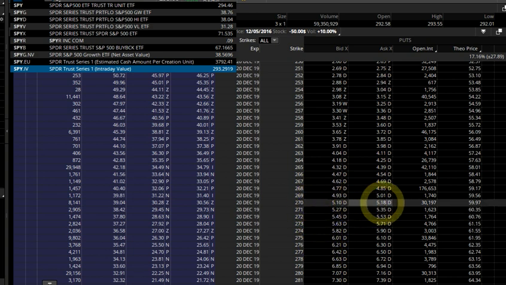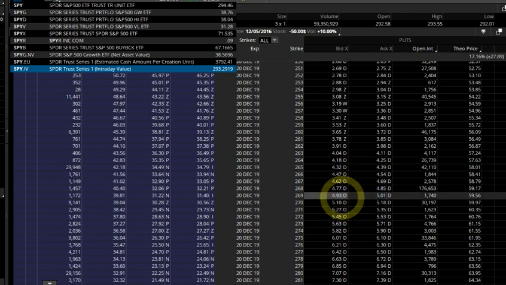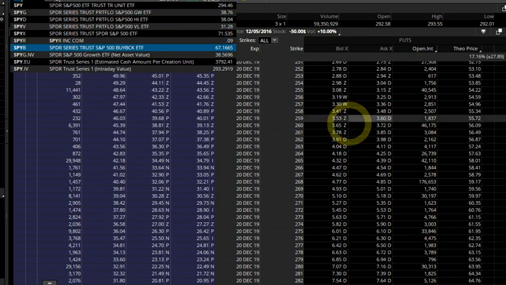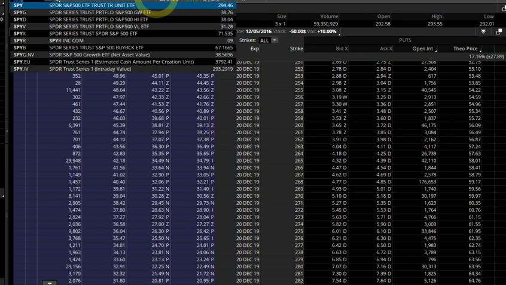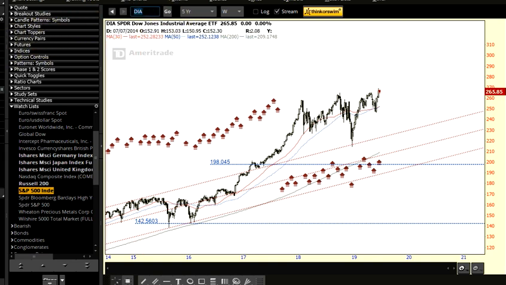So if you look at the spread here, it's only about 9 cents, 8 cents. So sometimes the SPY is better just because it's not as thinly traded. It's traded more aggressively in larger lots. So I like the SPY, but sometimes the Dow can get moving quite a bit further on a relative basis. So you just have to weigh those different things and see what your preference is.